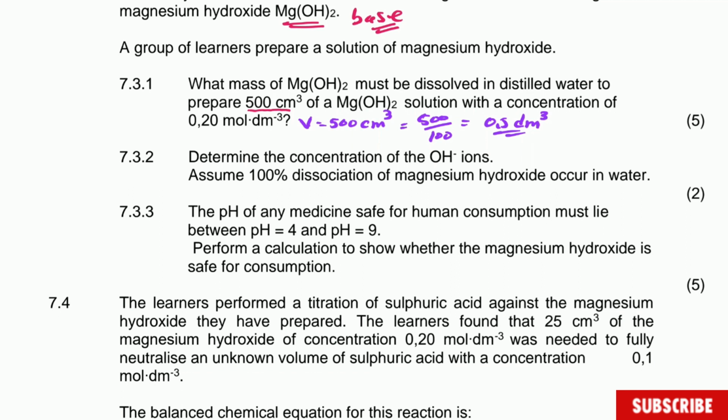What else do I have? I have the concentration here. It's given to us. Concentration is equal to 0.2 mole per cubic decimeter. And then I'm looking for the mass of the magnesium hydroxide. That is the question mark.